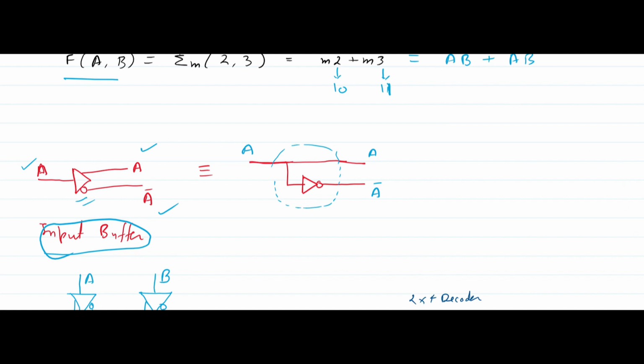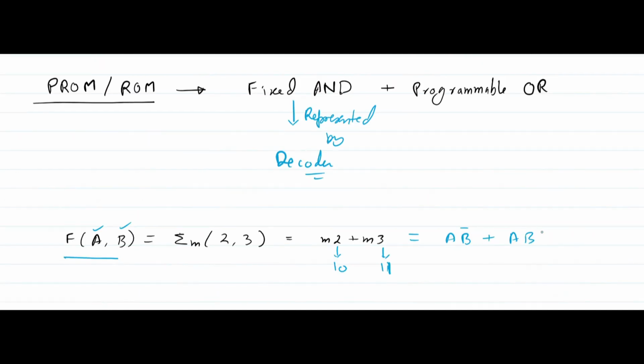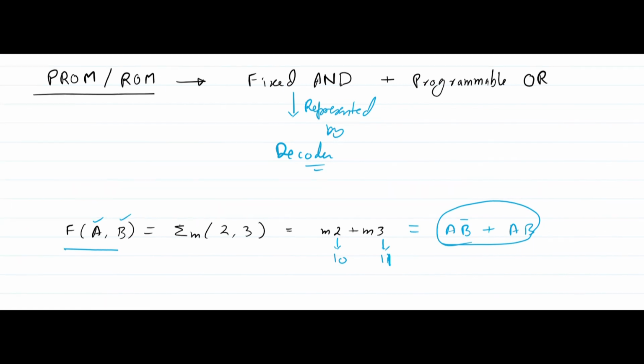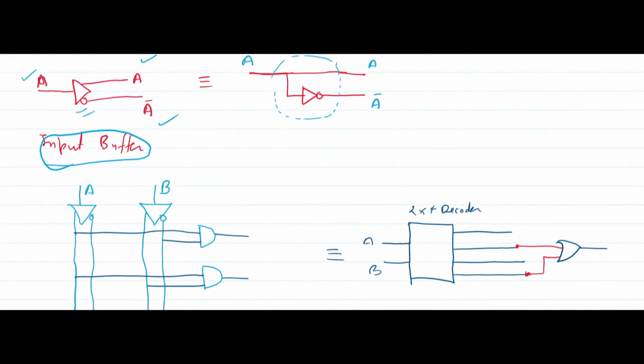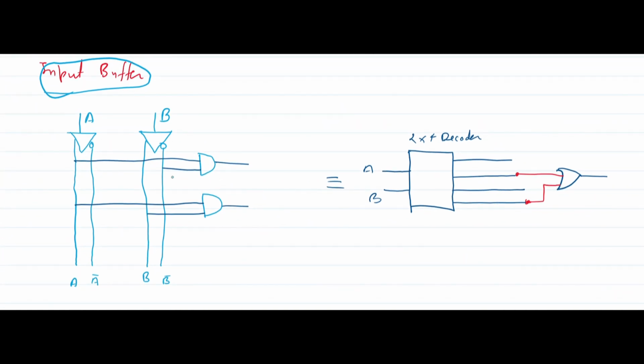Now coming back to my question, I want to implement AB bar plus AB. Let me see how to implement this. I'm using that buffer as I told. See what I want to implement: AB dash plus AB.